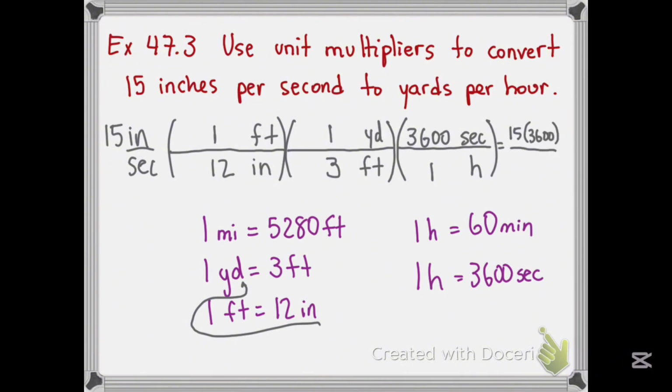And on the bottom, we have 12 times 3. And the units are going to be yards over hours, or per hour. Notice that all of the other units cancel each other. So the two things that are left are the yards and the hour. And that's it. Very simple.